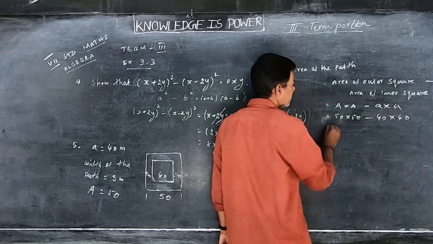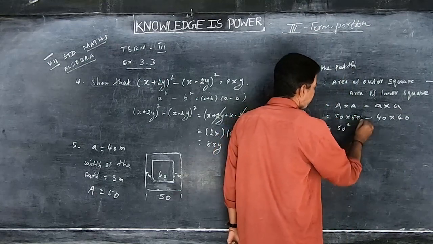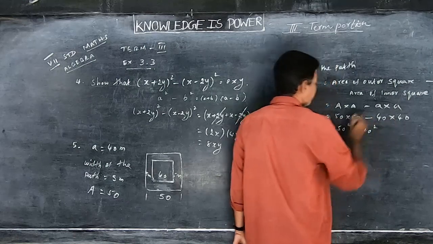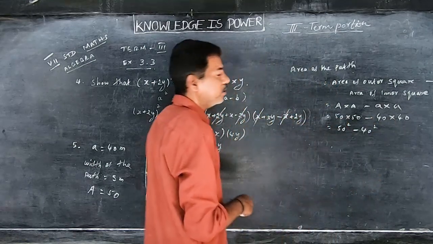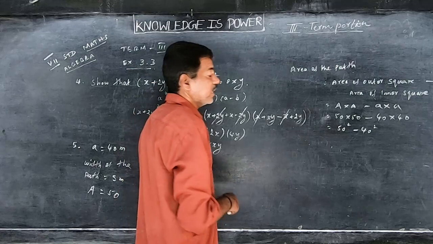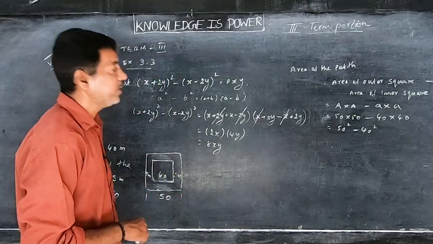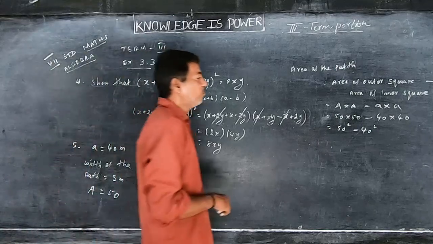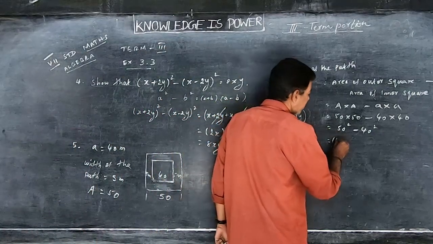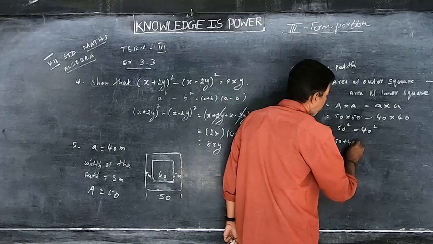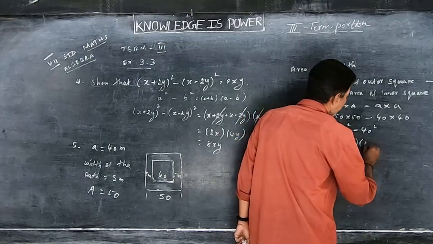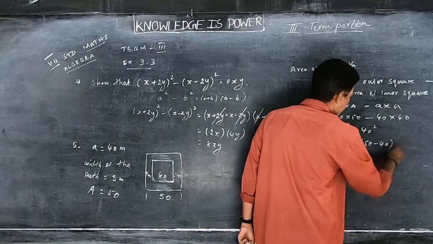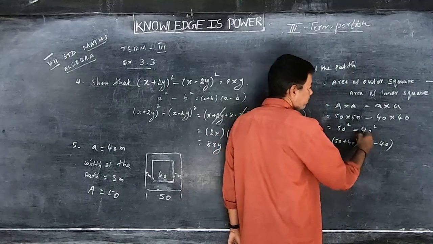How can we split this as 50 square minus 40 square? The side of the bigger square is 50, and the side of the smaller square is 40. So how can we split this? 50 plus 40, then 50 minus 40. A square minus B square.